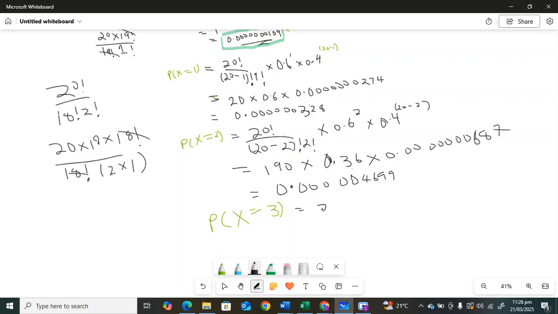So again, 20 factorial, which is n, divided by 20 minus 3, which is x, factorial, 3 factorial, multiplied by 0.6 to the power 3 multiplied by 0.4 to the power 20 minus 3, that is 17.